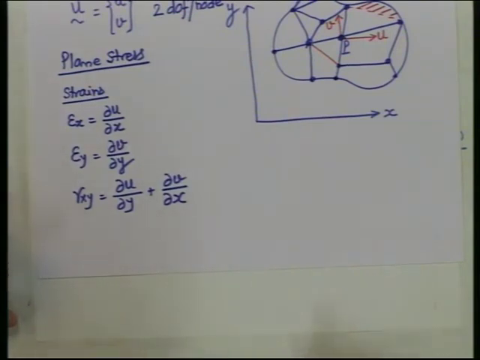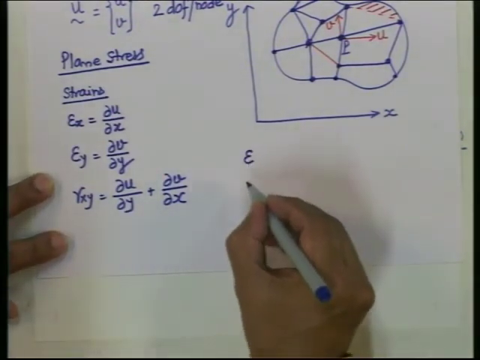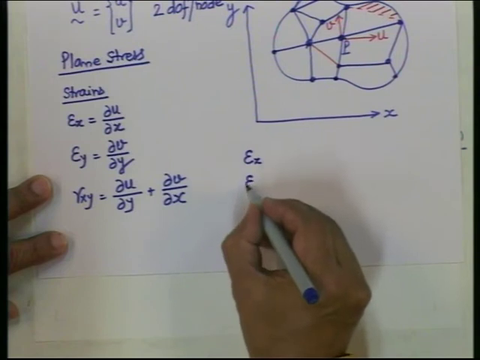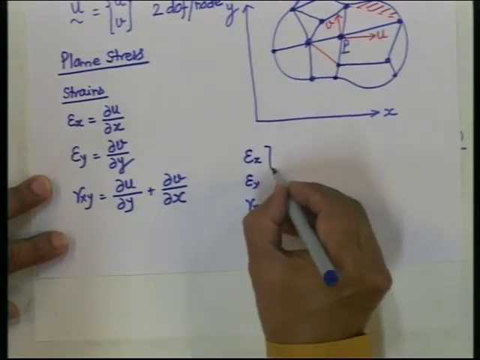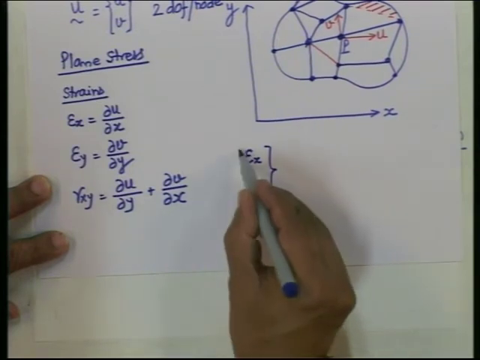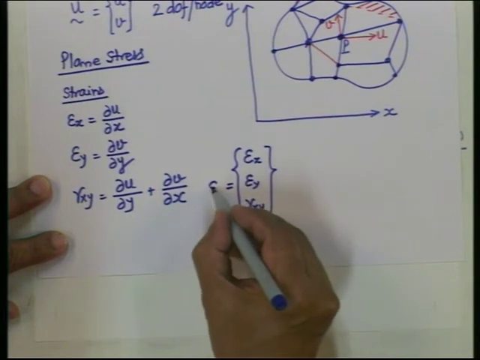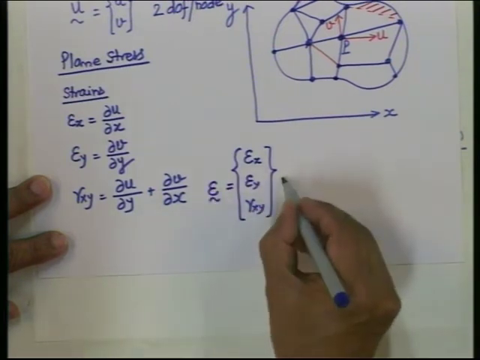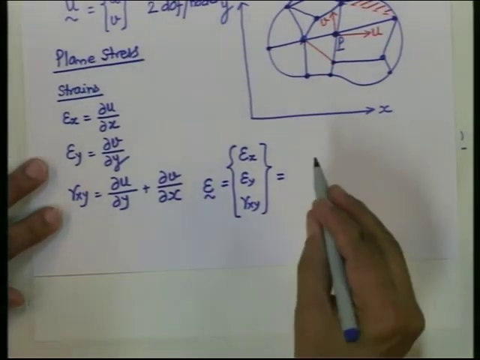So, this can be expressed in matrix form: epsilon x, epsilon y, gamma xy. That is why the theory was first written in matrix form. All elasticity equations, all theory of elasticity, theory of structure analysis, soil mechanics, they were converted into matrix.